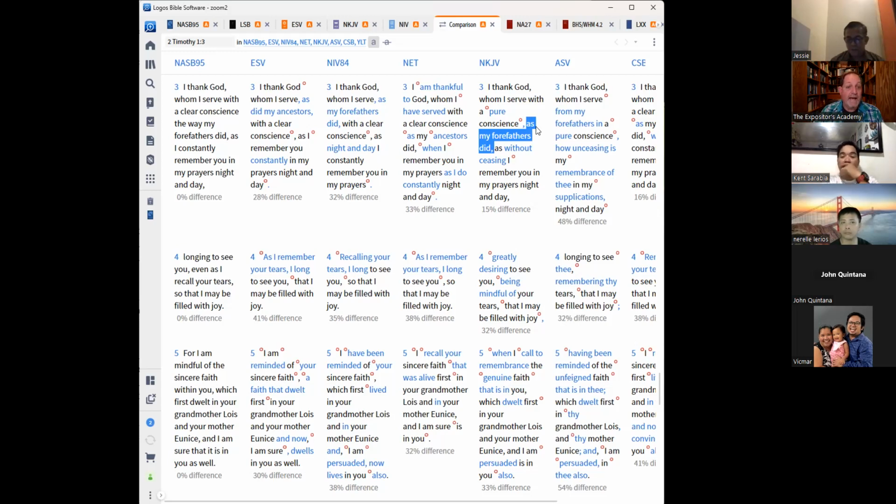Yes, the word "as." In this case, it's acting like a conjunction because it's followed by a clause. My forefathers did. My forefathers is the subject, did is the verb. As my ancestors did, or as did my ancestors, ESV.